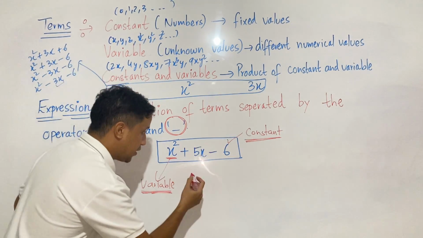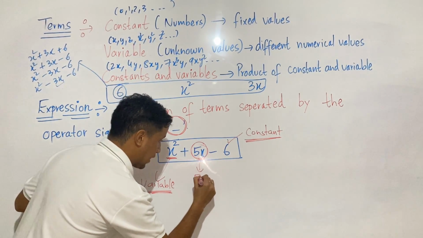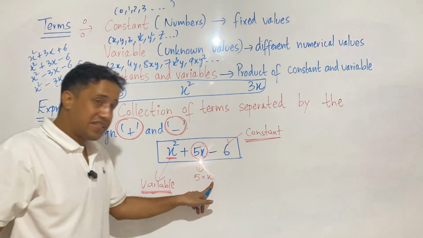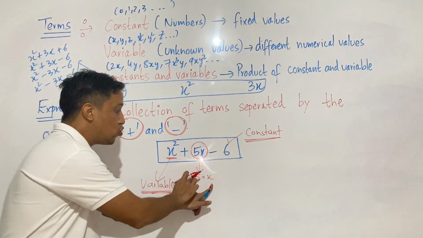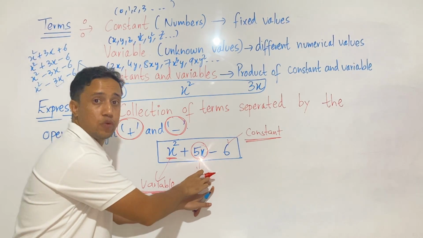Now see here, if you look at this term, this is 5 multiplied by x, right? So x is unknown, and when you multiply 5 with unknown, the value of this term is going to be unknown too.